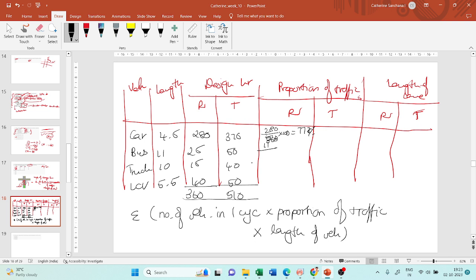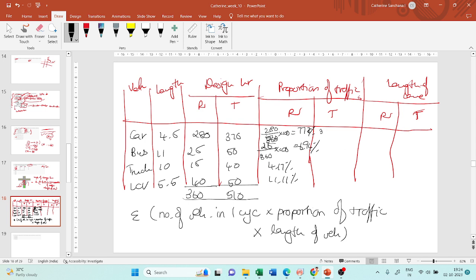Right turning means right turning traffic, right? So this is 25 divided by 360 into 100. This will give me 6.94%. Similarly, you have to do the same. It is 4.17%, 11.11%.